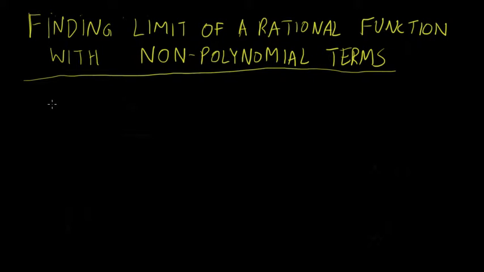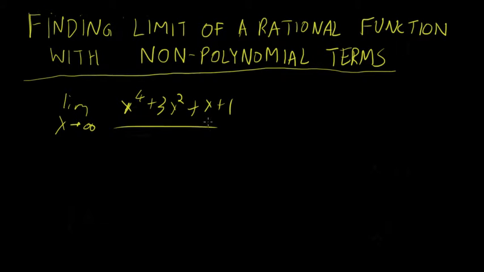In this video, we're going to be finding the limit of a rational function with non-polynomial terms. So if my memory doesn't fail me, so far the rational functions we've taken a look at, and by rational function I mean a function with a numerator and a denominator, for example, the limit as x tends to infinity of x to the fourth plus 3x squared plus x plus 1 divided by, I don't know, 2x to the fourth plus 5x.